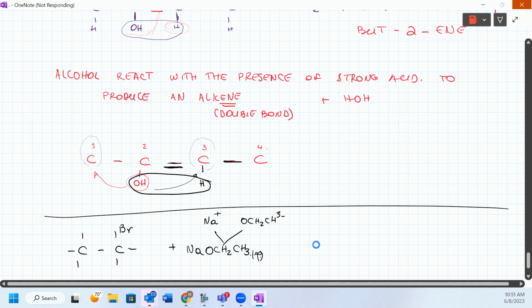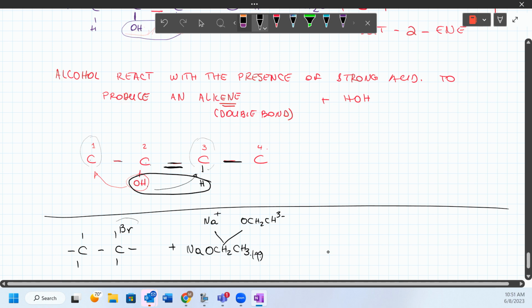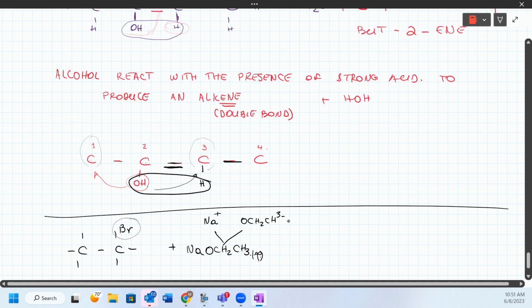And then the Br is kind of replaced with the hydrogen.